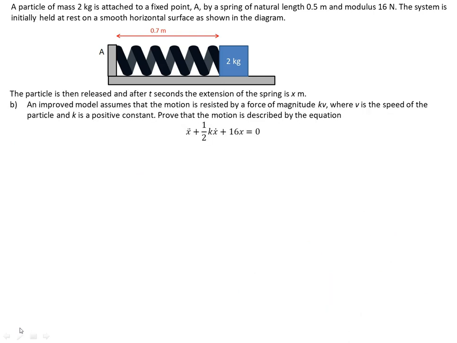Now, an improved model assumes that the motion is resisted by a force of magnitude kv, where v is the speed of the particle and k is a positive constant. We have to prove that the motion is described by the equation x double dot plus a half k x dot plus 16x equals 0, or d2x/dt squared plus a half k dx/dt plus 16x equals 0 if you like.